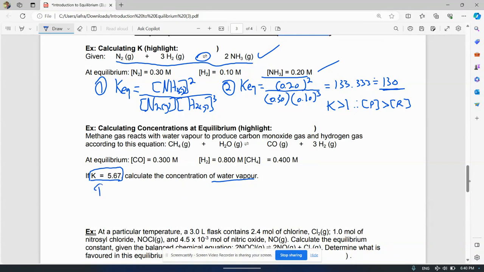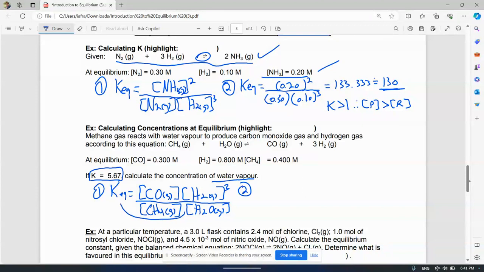So first step is let's write a K expression. So KEQ, or K, that works as well, is equal to CO gas to the power of 1, times H2 gas to the power of 3, over CH4 gas times H2O, which is our X. We can do this because they're gas, they're not solid or liquid. And what you're doing is you're basically rearranging to find H2O.